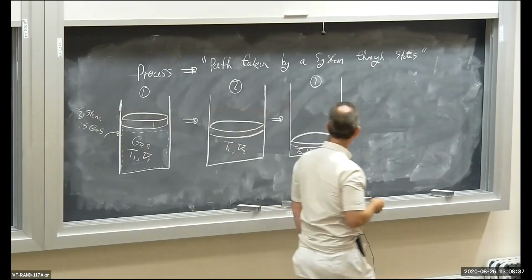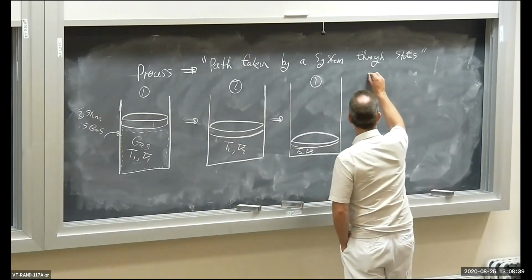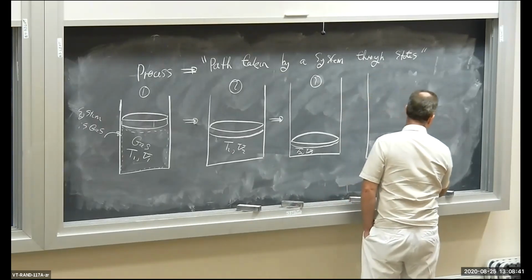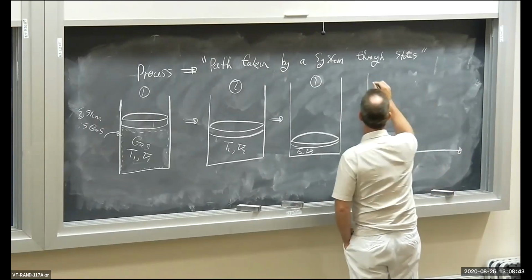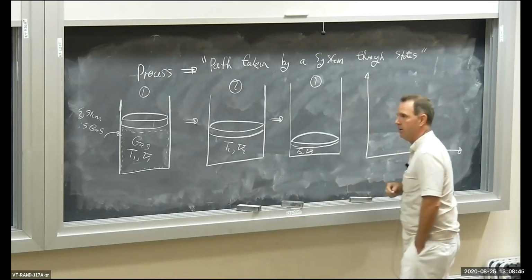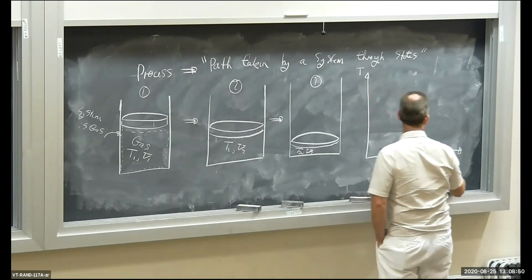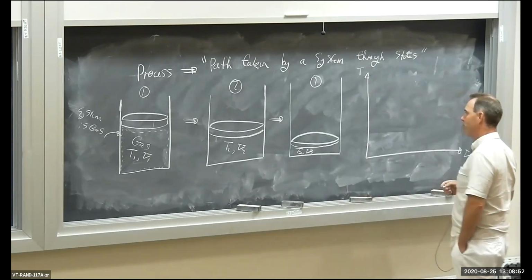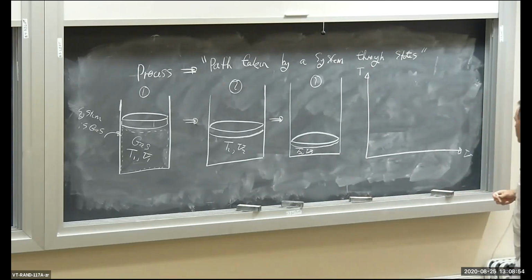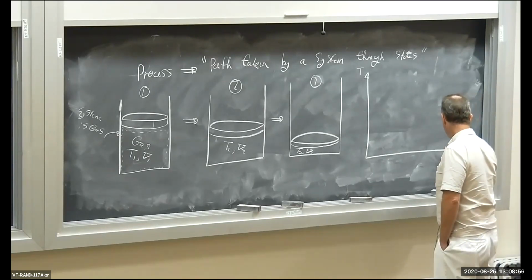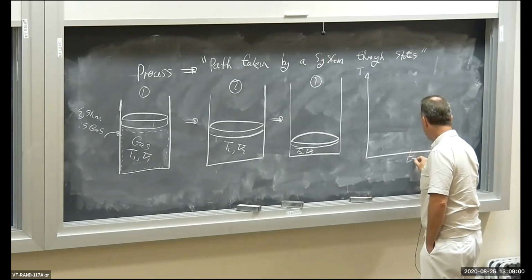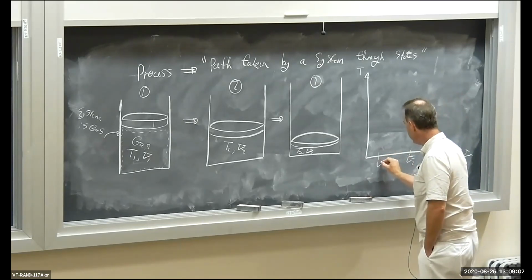So this gas is being squeezed, and I can plot the process. The process that's going on. Temperature, volume. I can plot the process. I start off with a fairly high volume. So here's V3, here's V2, and here's V1.